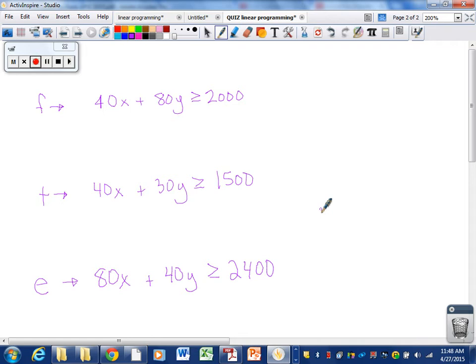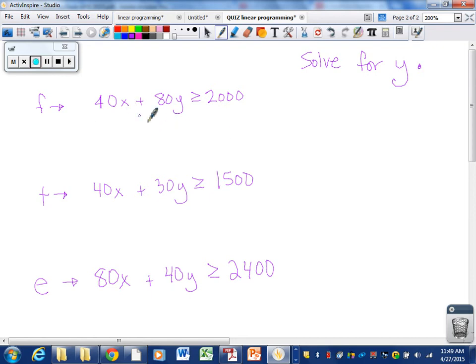Okay, now these are some pretty large equations that you get, so we're going to have to solve each of these for y so that we have something that we can graph. Okay, and being that you are older, I assume that you know how to solve an equation for y, which may or may not be a quality assumption.